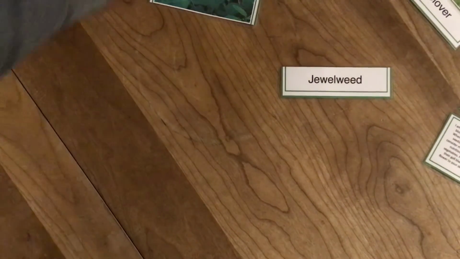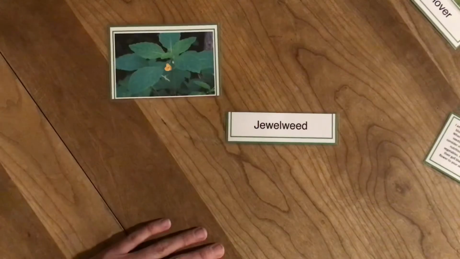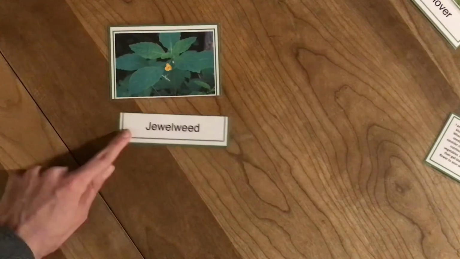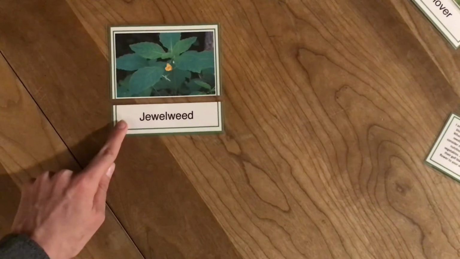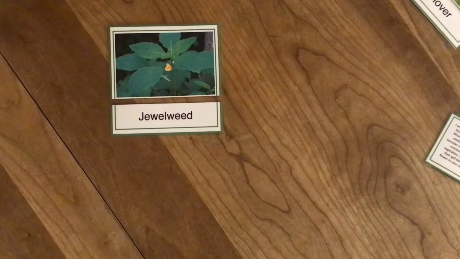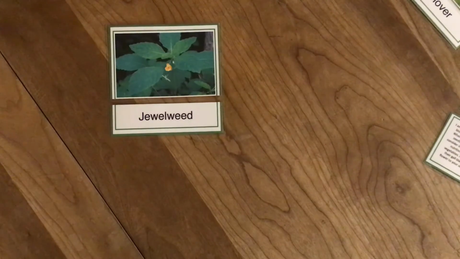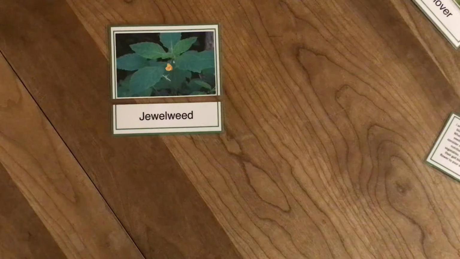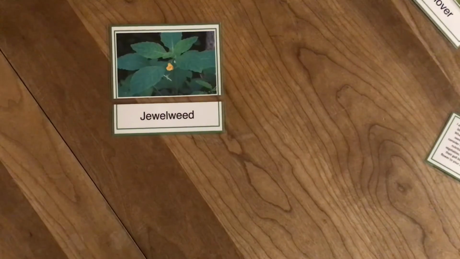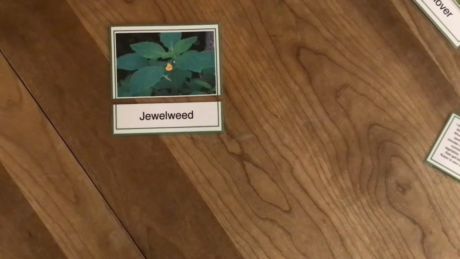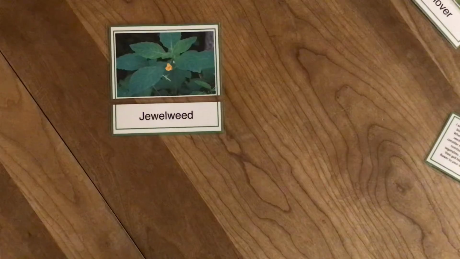Our last one, well, we only had 4 out here, so we know that this is jewelweed. Let me tell you about jewelweed. This is one of my favorite plants. I'm a leafy plant that can be found in thick clumps together in woods or close to a water source. My flowers are yellow-orange with red speckles. My family, touch-me-nots, derive its name from the nature of my explosive fruit.